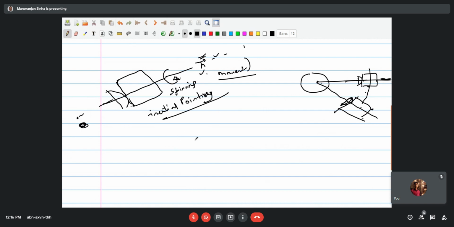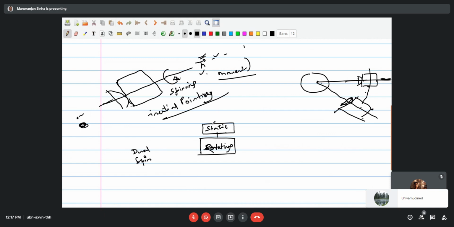Sometimes we have a dual spin spacecraft. I will give you the write-up on this. In a dual spin spacecraft, there are two portions. One is the rotating, the spinning one, and this is the static one, so this is non-rotating.